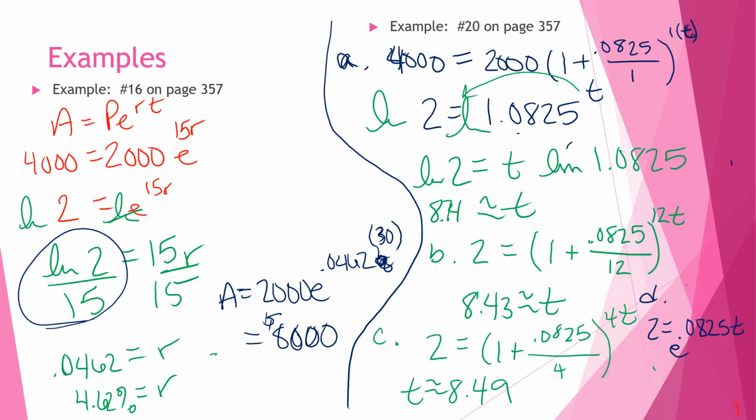And now we're going to natural log both sides, and that's after I've set up using the compounded continuously. I think you can figure that part out on your own. And then we're going to take the natural log of 2 and divide that by 0.0825, and that should give you 8.4. Okay, so use that to help you with that part of your homework.